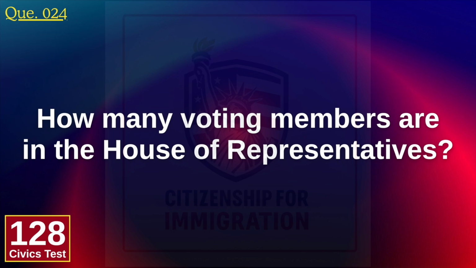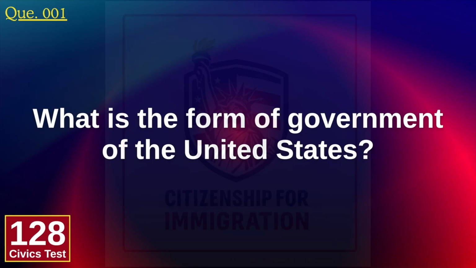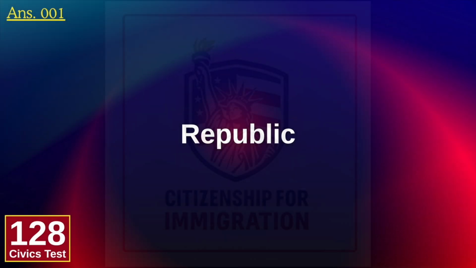How many voting members are in the House of Representatives? 435. What is the form of government of the United States? Republic.